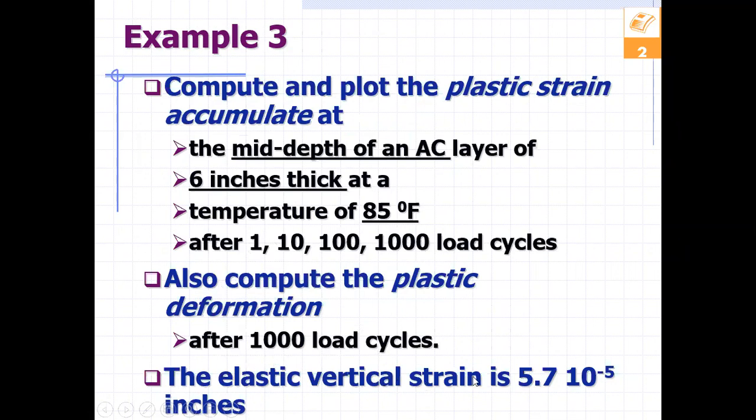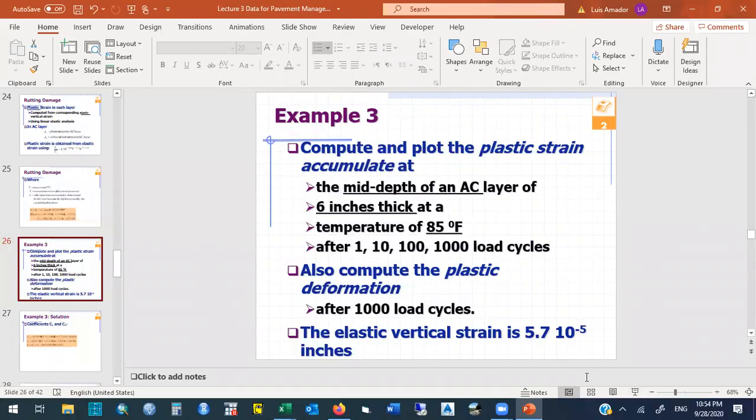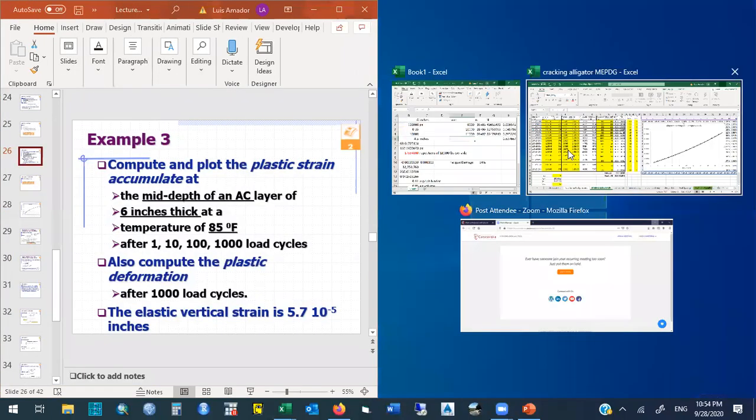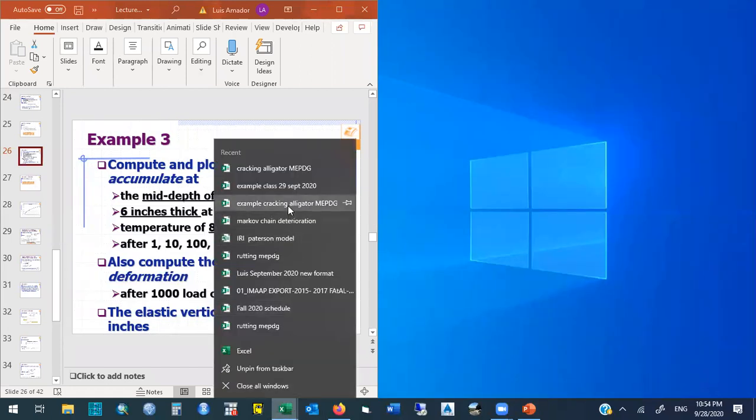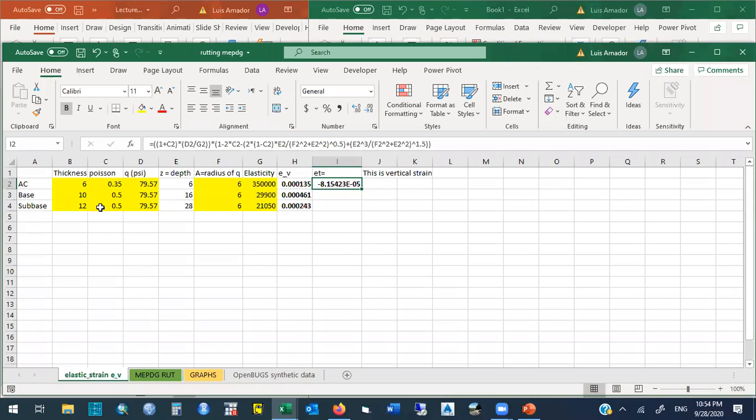The elastic vertical strain will come from that equation, but I assume you guys don't want me to run into troubles again in Excel, although we can do it if you wish. So we're gonna assume that it's giving us 5.7 times 10 to the power of minus 5. I'm just gonna show you here quickly that that's a reasonable value.